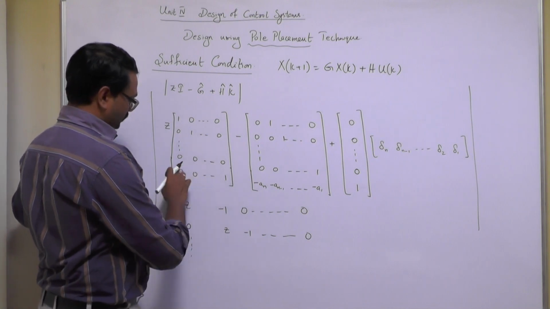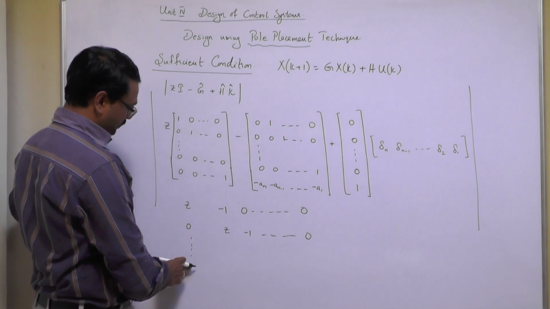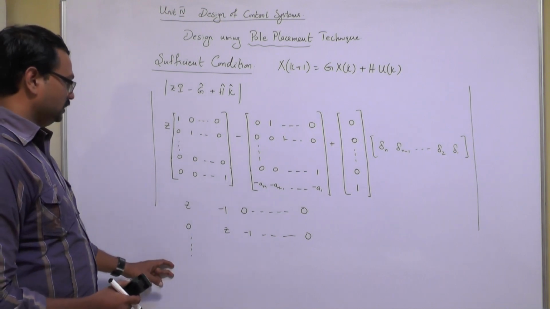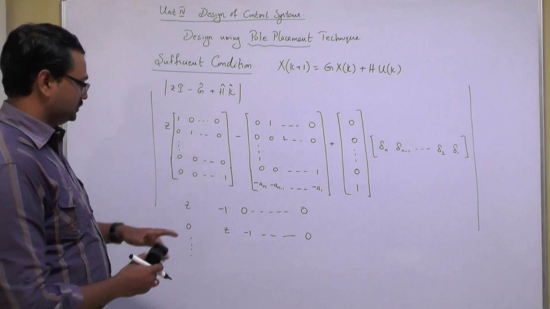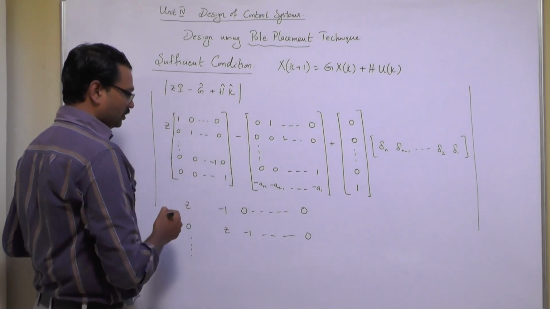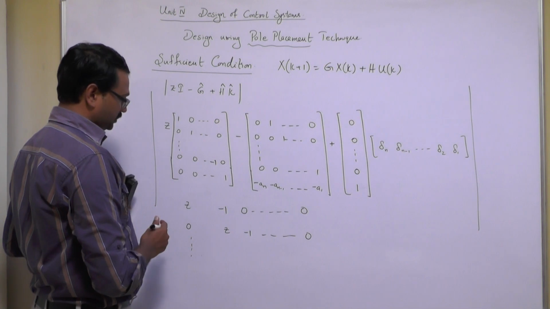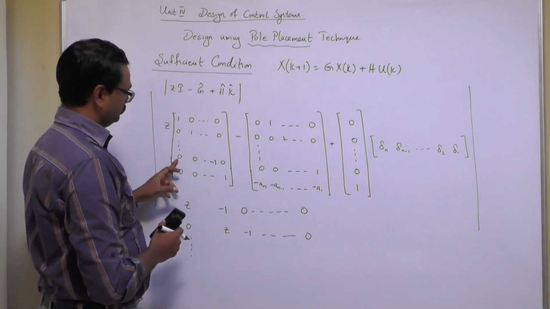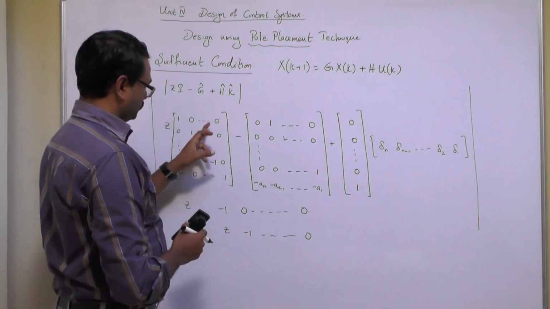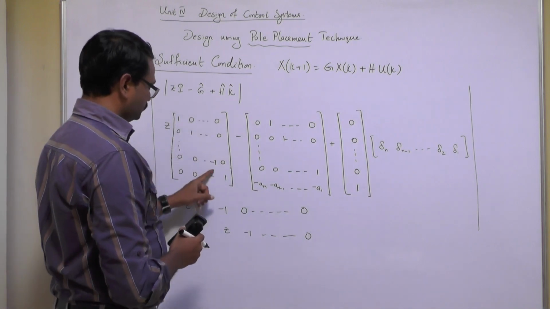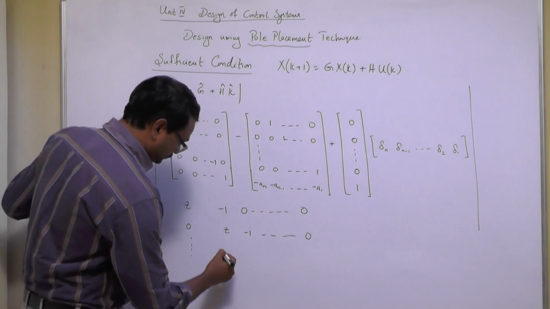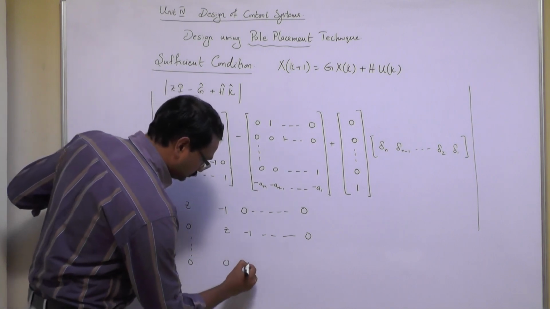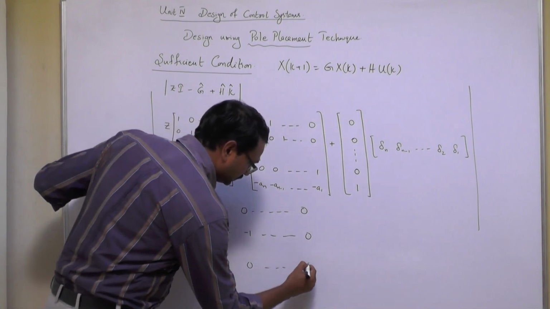And we have this as the last second row, which has 1. Then zeros, Z into minus 1, again 0, 0, 0 and 0.